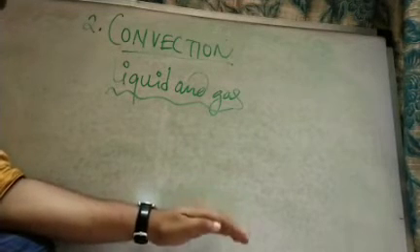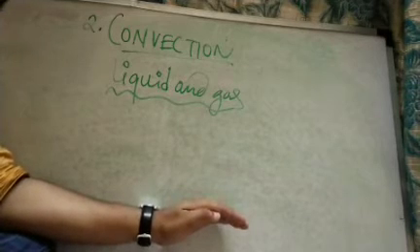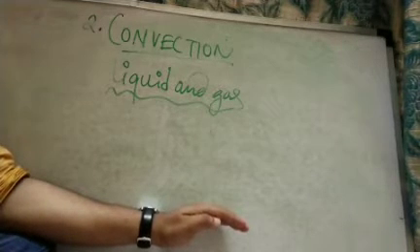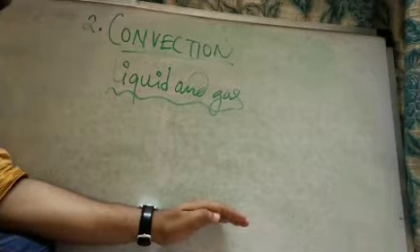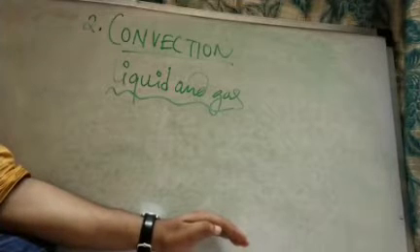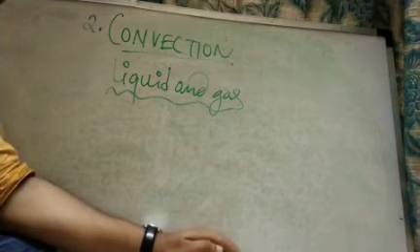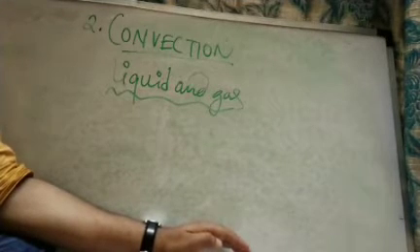By means of movement of liquid or gaseous particles, is called convection. Heat travels by the process of convection by producing convection current. The process of production of convection current does not happen in solids.